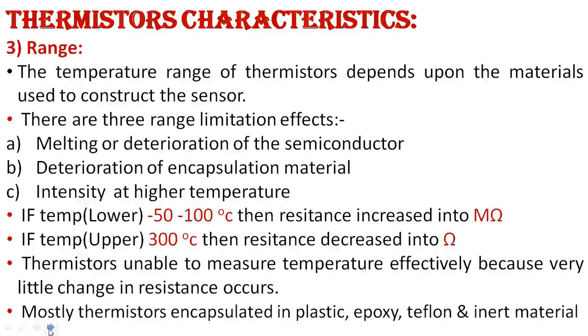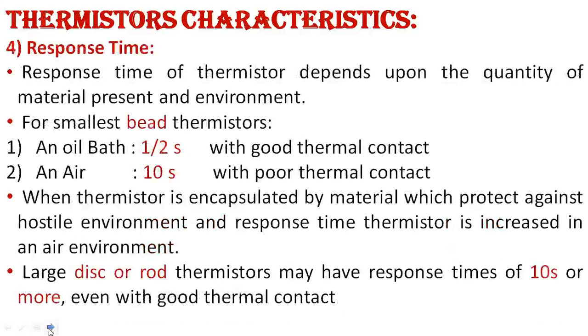If temperature is above 300 degrees Celsius, then resistance decreases into ohms. Thermistors are unable to measure temperature effectively because very little change in resistance occurs. Mostly thermistors are encapsulated in plastic, epoxy, Teflon, and inert material.